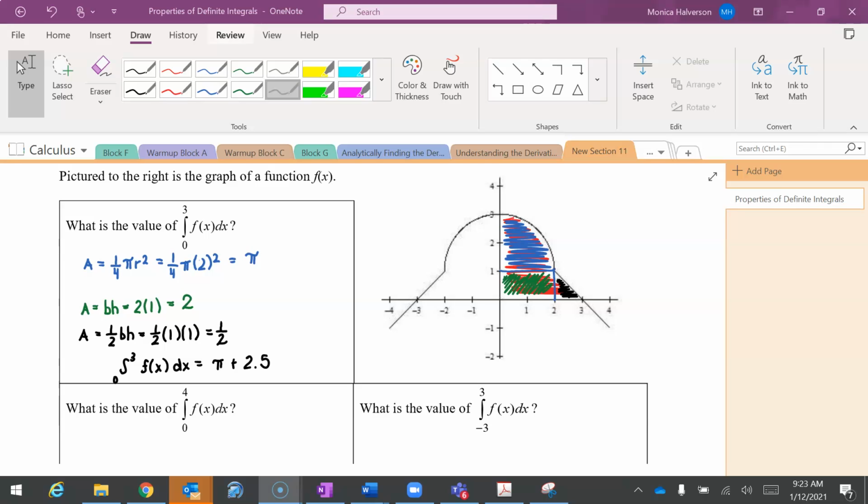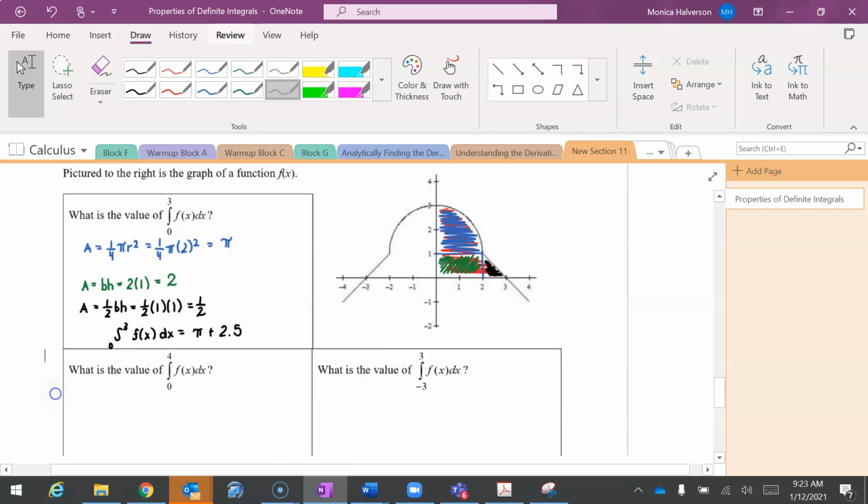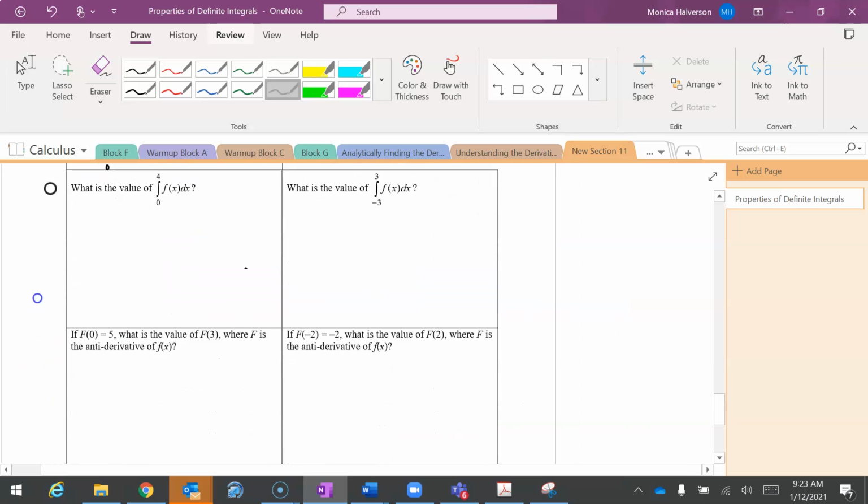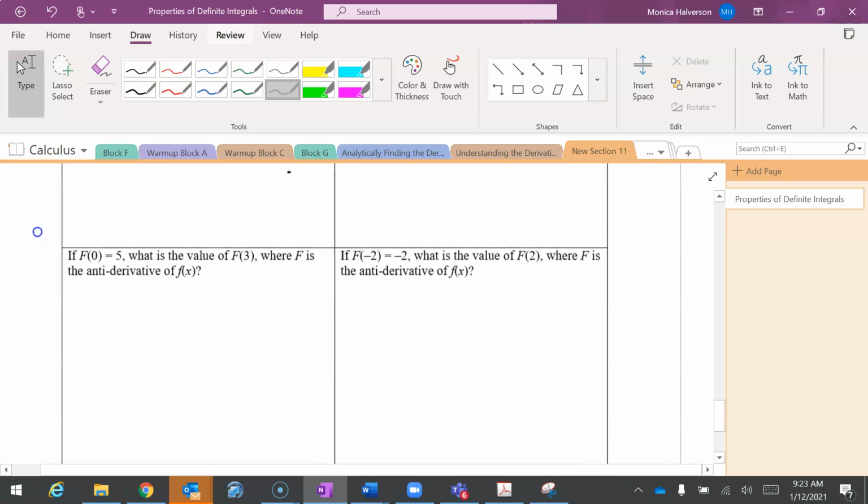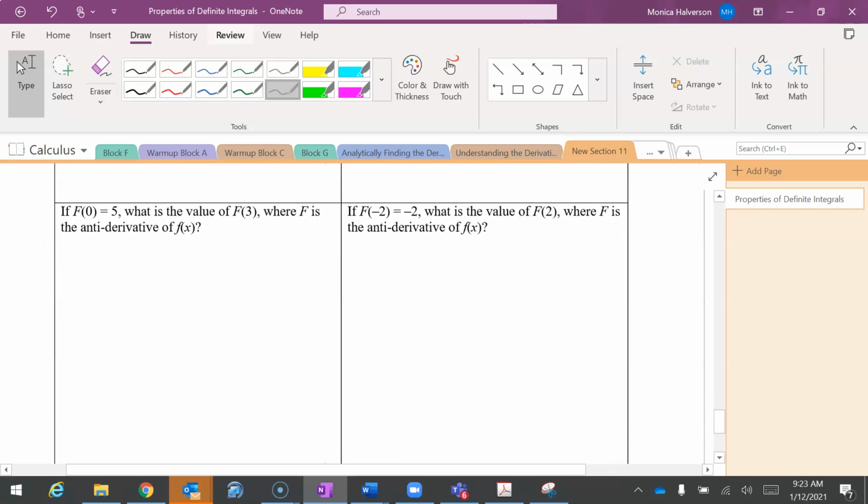The last thing we need to look at is answering some more challenging questions, such as this. If F of 0 equals 5, what is the value of F of 3, where F is the antiderivative of f of x?